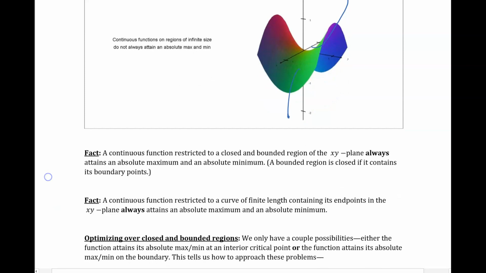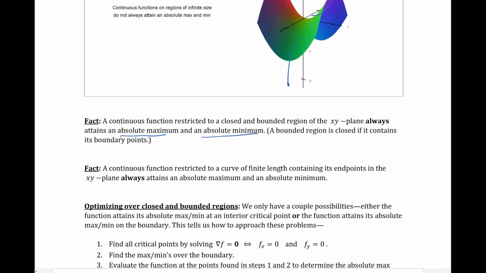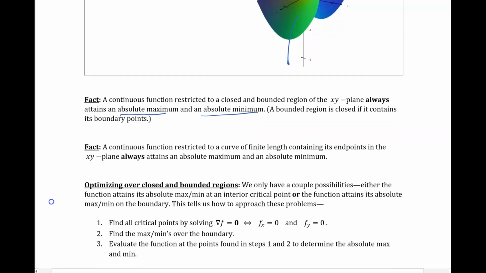But if we have a continuous function restricted to a closed bounded region in the xy plane, we're always going to attain an absolute max and an absolute min, meaning the highest and the lowest point. A bounded region is closed if it contains its boundary points. Same thing for a curve: if it's a closed curve, it's going to contain its max and min.